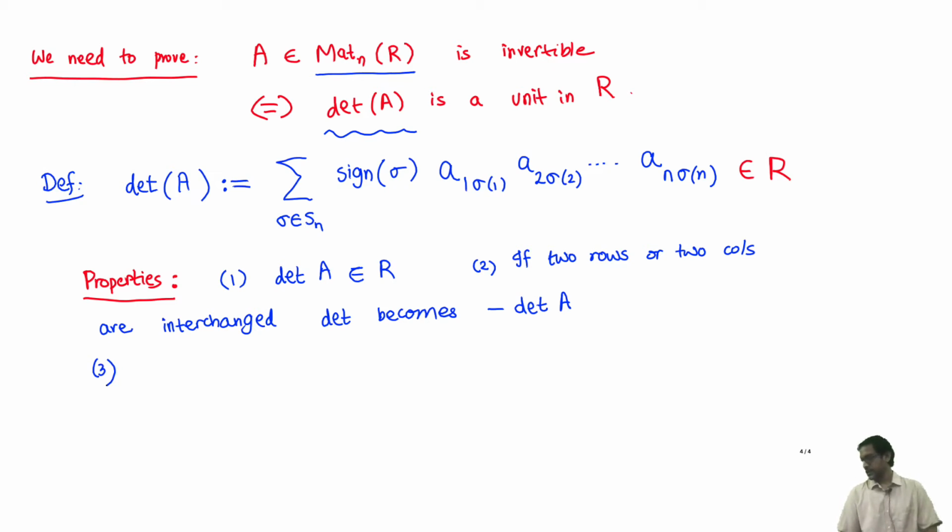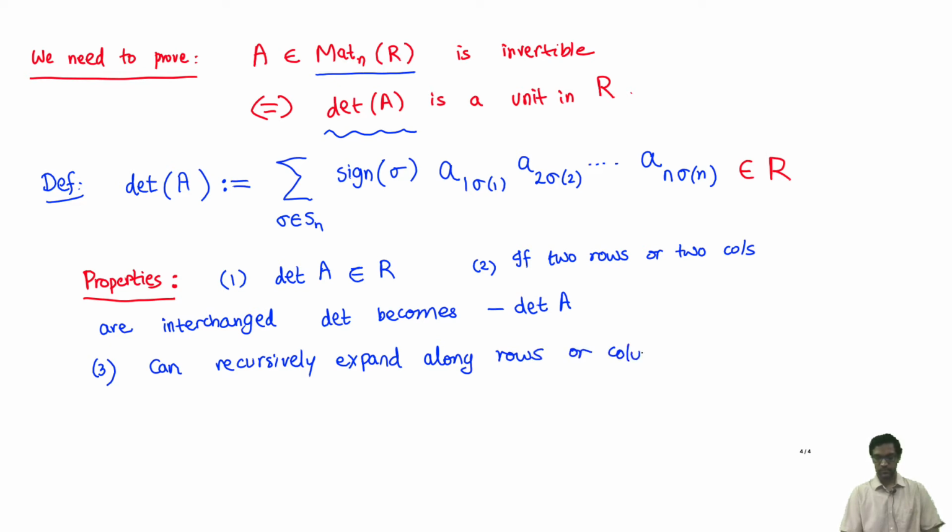Property 3: I can do this recursive expansion along rows or columns. This is just the usual way in which we compute it, and that's just another way of saying that it's the same definition.